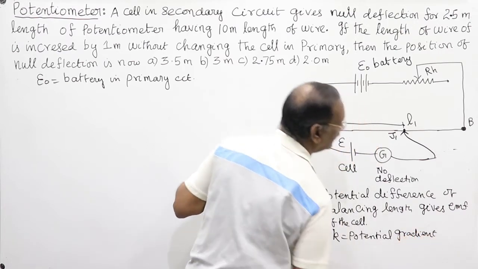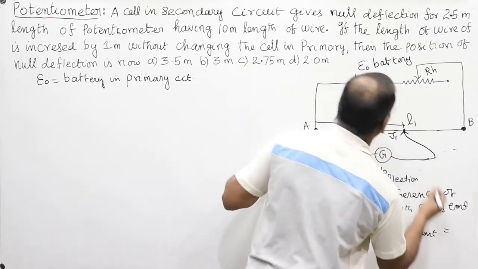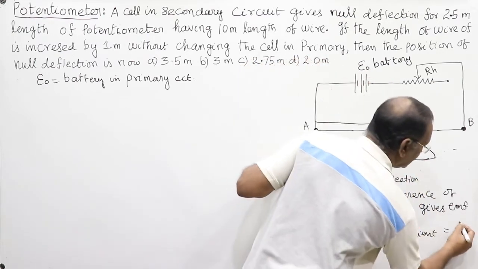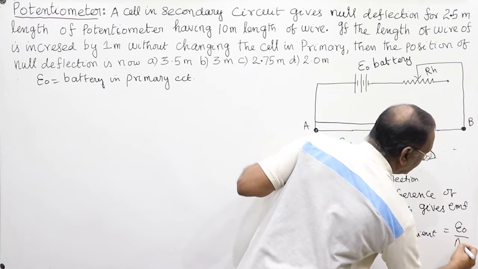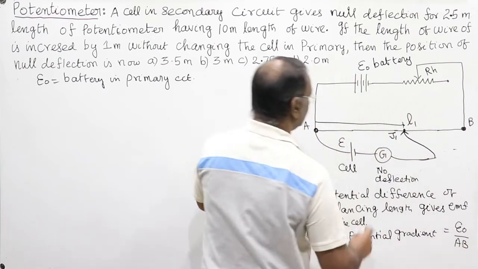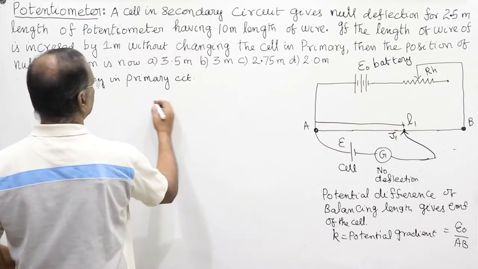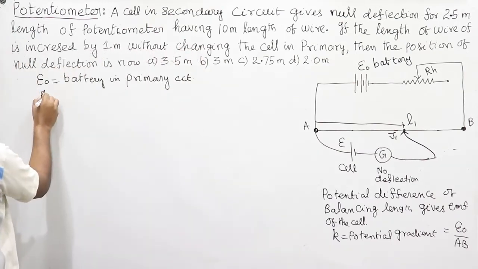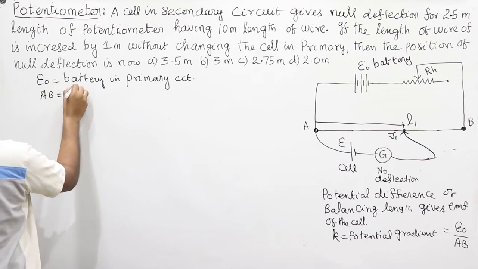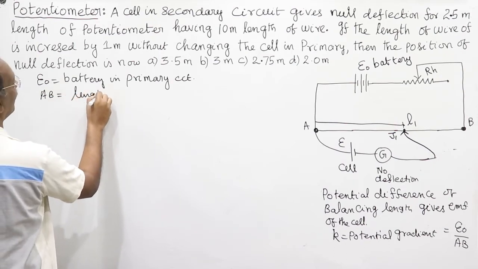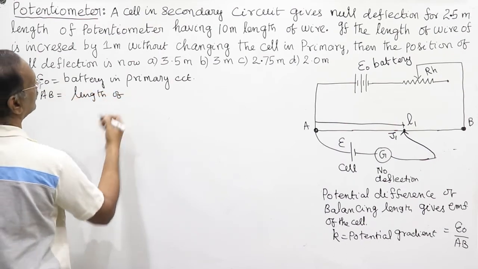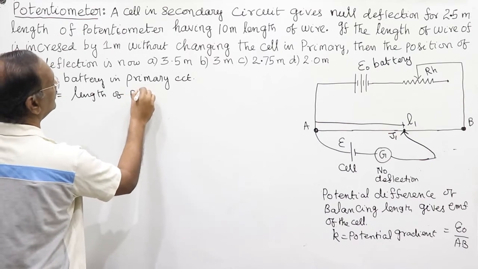What is the potential gradient? It is equal to the EMF of this battery divided by the length AB, where AB is the length of the potentiometer wire.